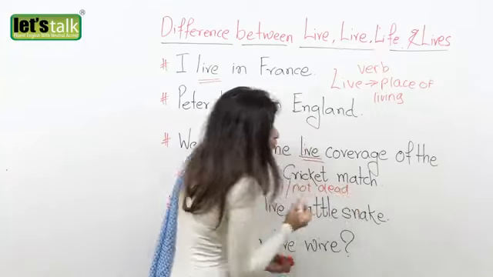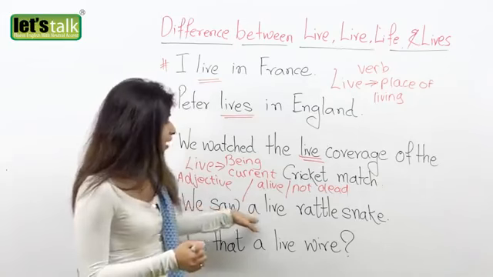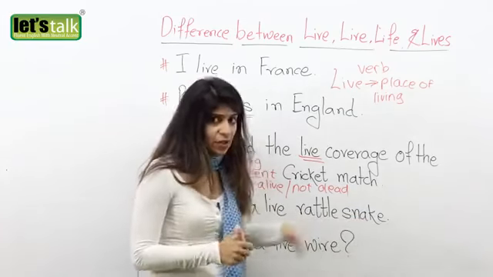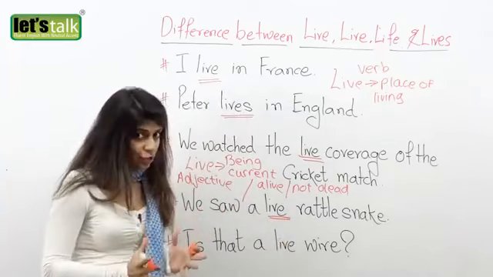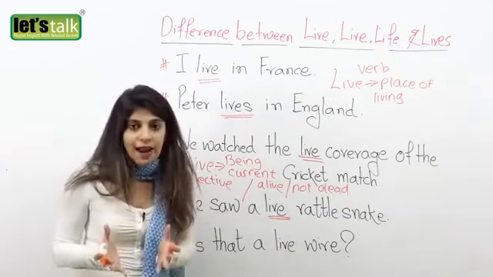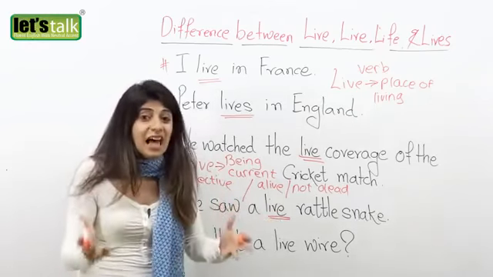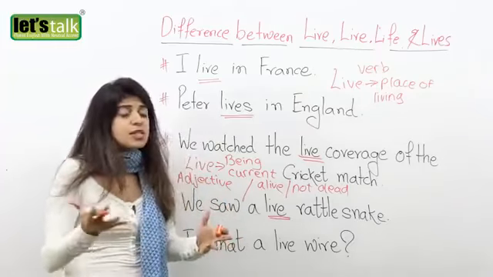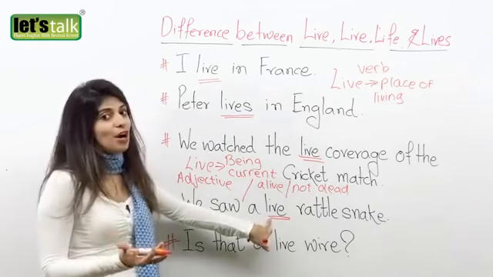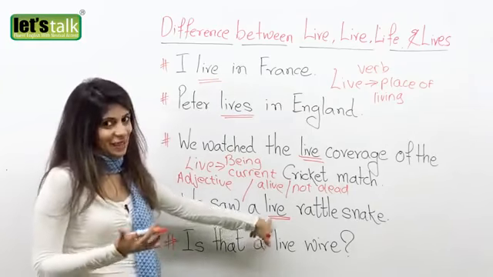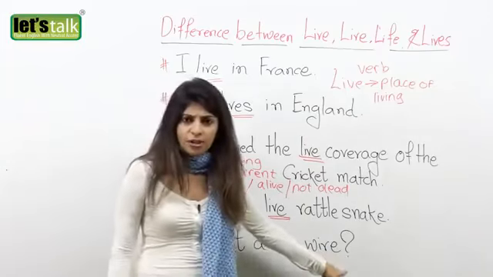Now to understand this better, let's look at the sentence here. We saw a live rattlesnake. So here we are using the word live, which is again an adjective. So a live rattlesnake, which means a rattlesnake who was alive. He was not dead. Now here if you see, is that a live wire?